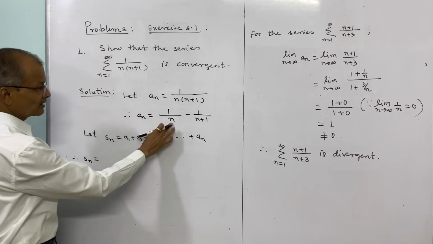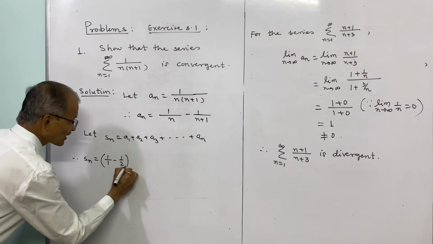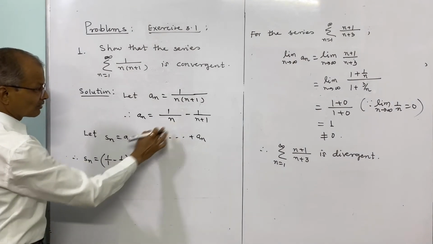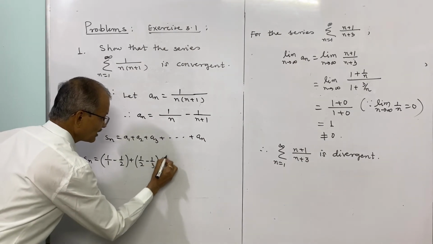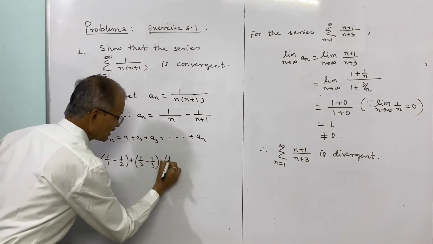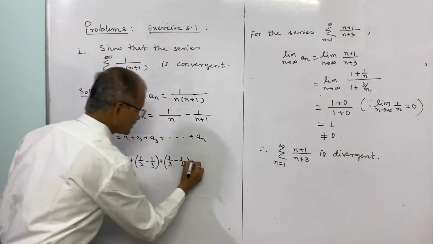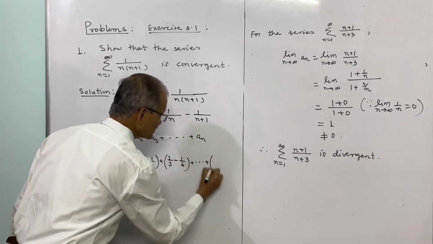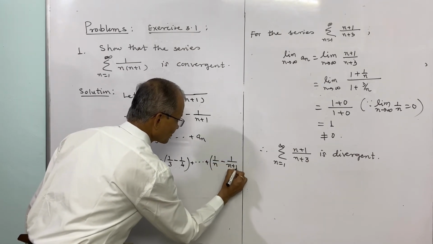Put n equal to 1: 1 by 1 minus 1 by 2. Next, plus a2, put n equal to 2: 1 by 2 minus 1 by 3. Put n equal to 3: 1 by 3 minus 1 by 4, and so on. The last is 1 by n minus 1 upon n plus 1.